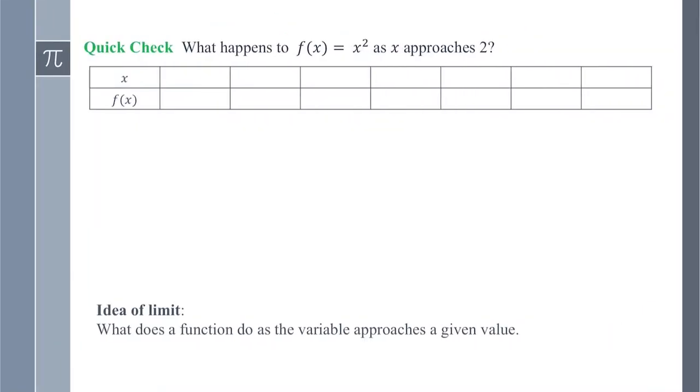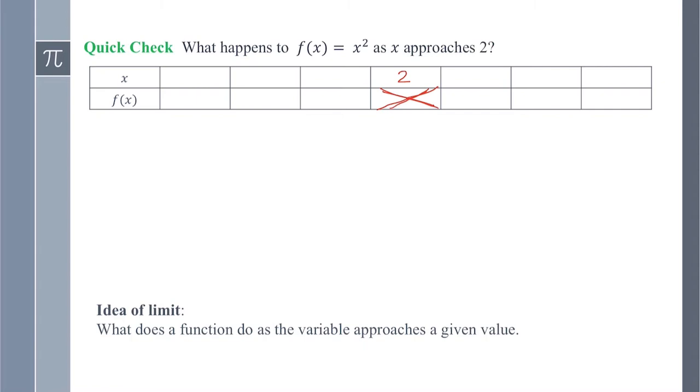So here we have a function f of x equals x squared, and then we are going to see what happens to this function when x approaches 2. Okay, so when x is 2, and we are not talking about what happens at 2, so I'm not going to look at this value. What I'm going to do now is take numbers close to 2 from both the left and right side.